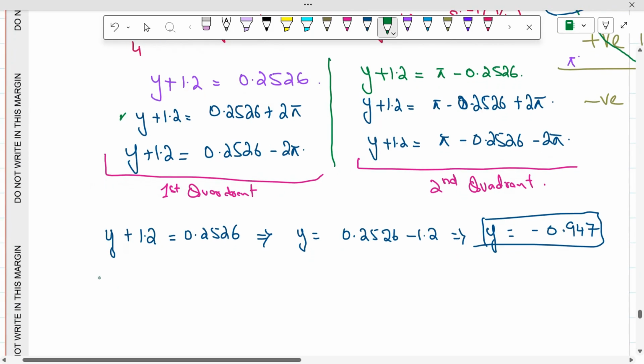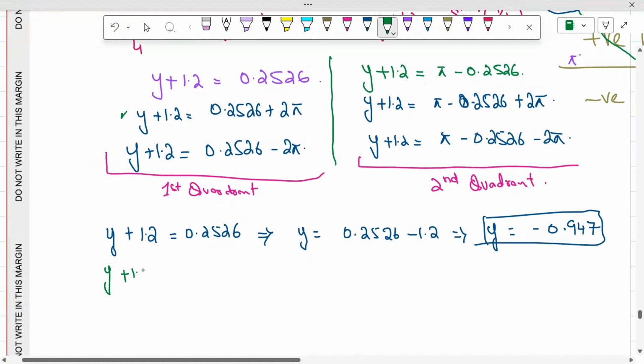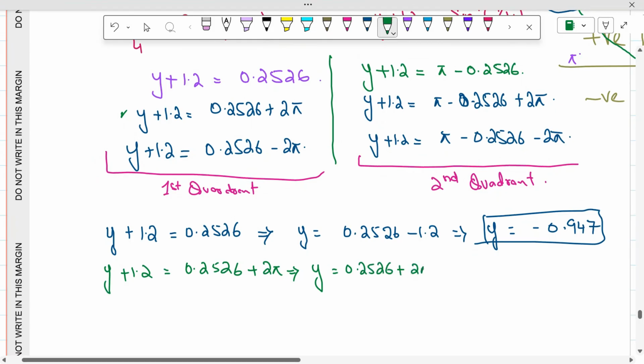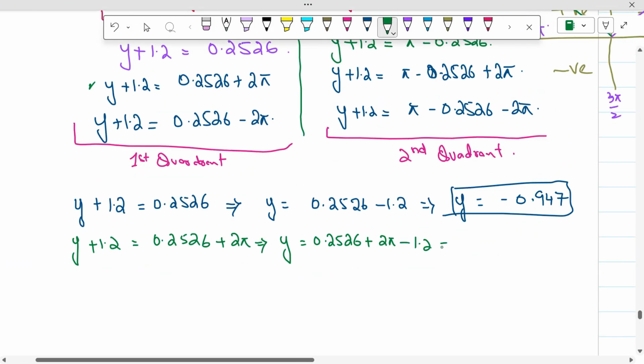Now consider this one: y plus 1.2 is equal to 0.2526 plus 2 pi. On solving, we will have y is equal to 0.2526 plus 2 pi minus 1.2, and this is equal to 5.33.